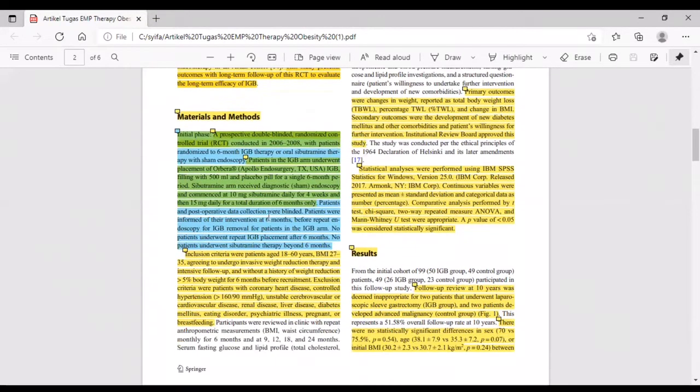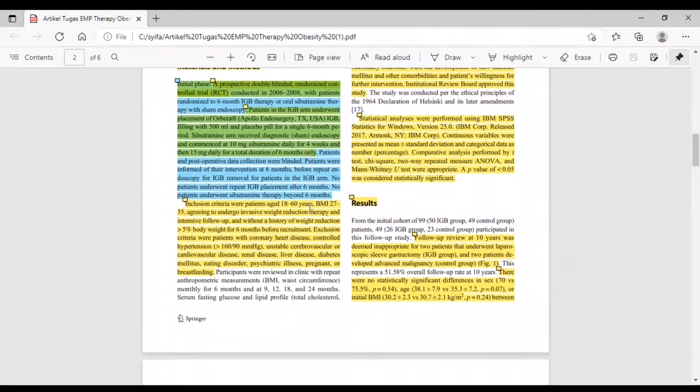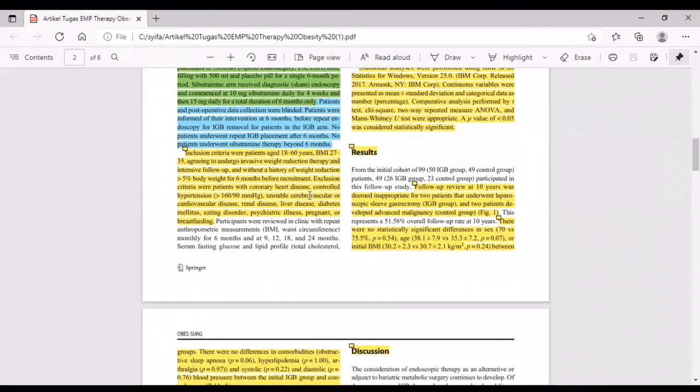They show this by the sentence that patients in the IGB arm were filled with 500 ml and a placebo for a single 6-month period, and the sibutramine arm received diagnostic endoscopy and were recommended 10 mg sibutramine daily for 4 weeks and then 15 mg daily for a total duration of 6 months only. And no patient underwent sibutramine therapy beyond 6 months.